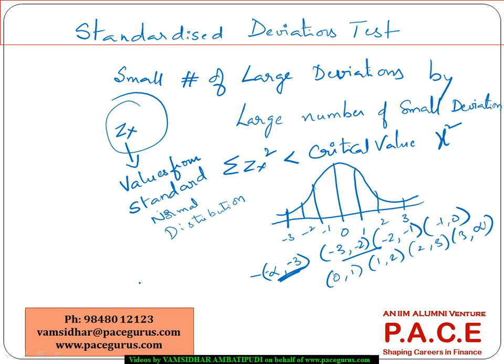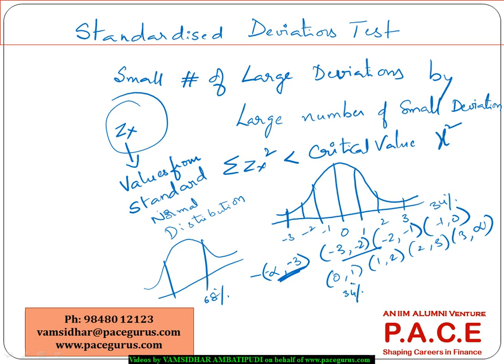So out of, let's say, 100, between -1 and +1 standard deviation, 68% of the values should lie. So by symmetry, for -1 to 0, I require 34% of the observations.